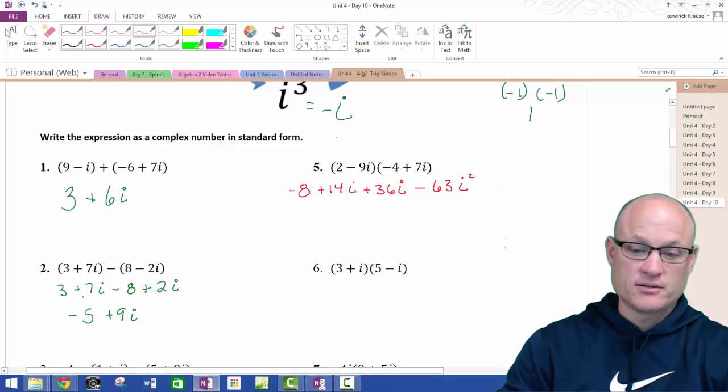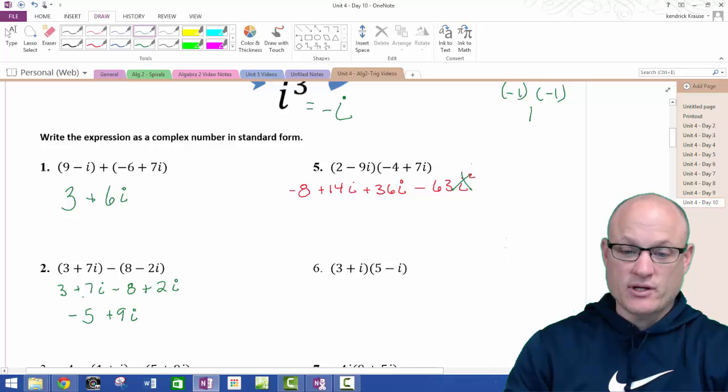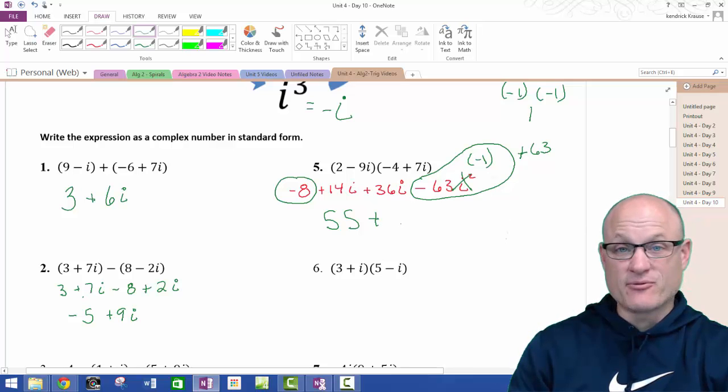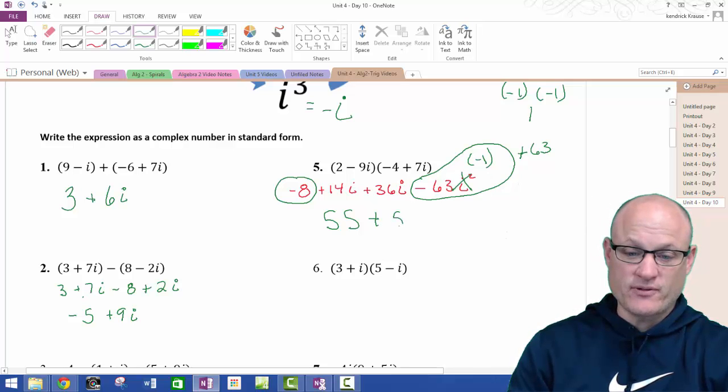But i squared is negative 1. So really what I have here is positive 63. All right, so positive 63 and negative 8 get combined to make positive 55. Plus, and then 14 plus 36 is 50. And that's written actually in standard form already.